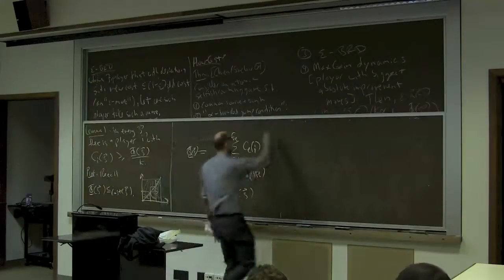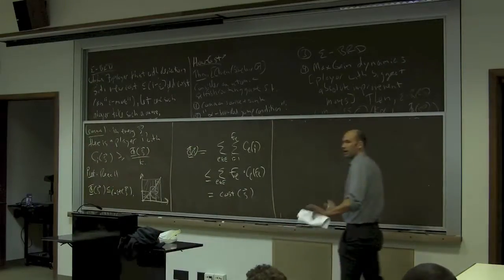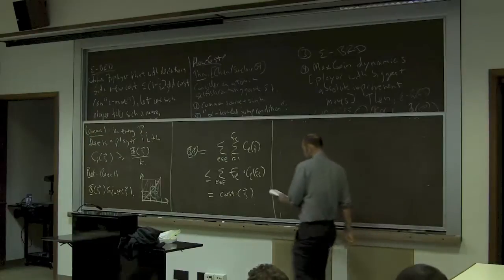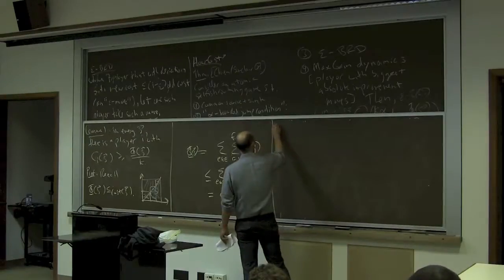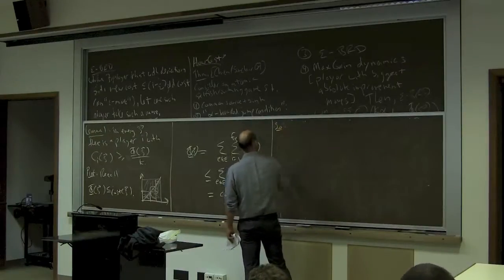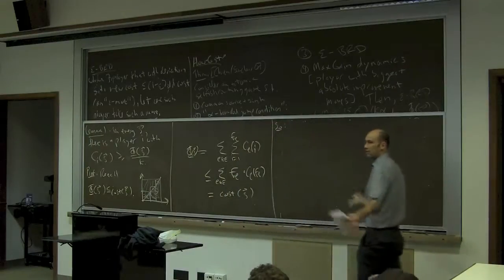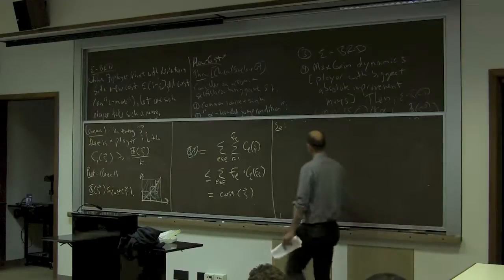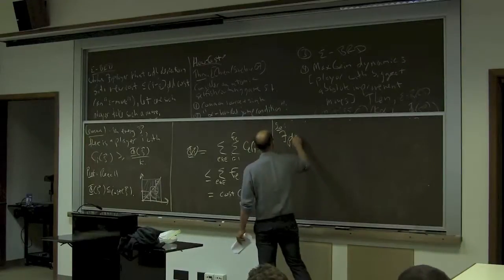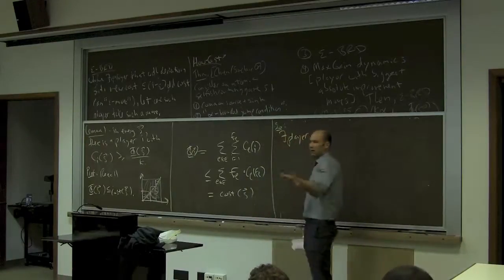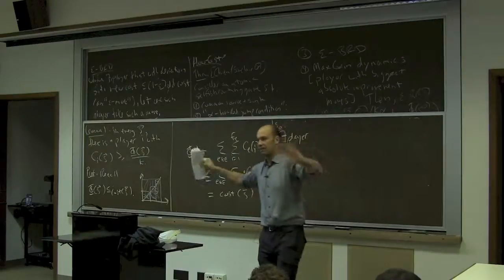So now back to lemma 1. Why is there a good player out there, a player with high cost relative to the current potential function value? Well, remember, the cost of an outcome is just the sum of the players' costs. So the average player cost is just the total cost of S divided by K, right?